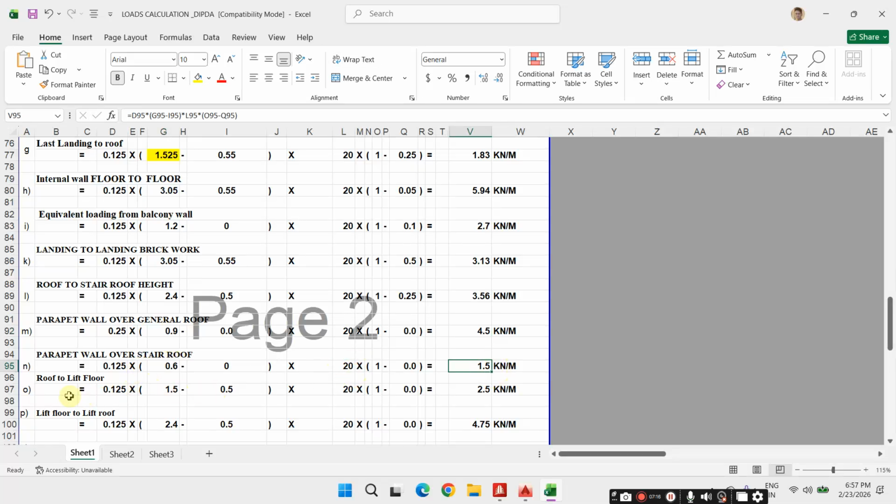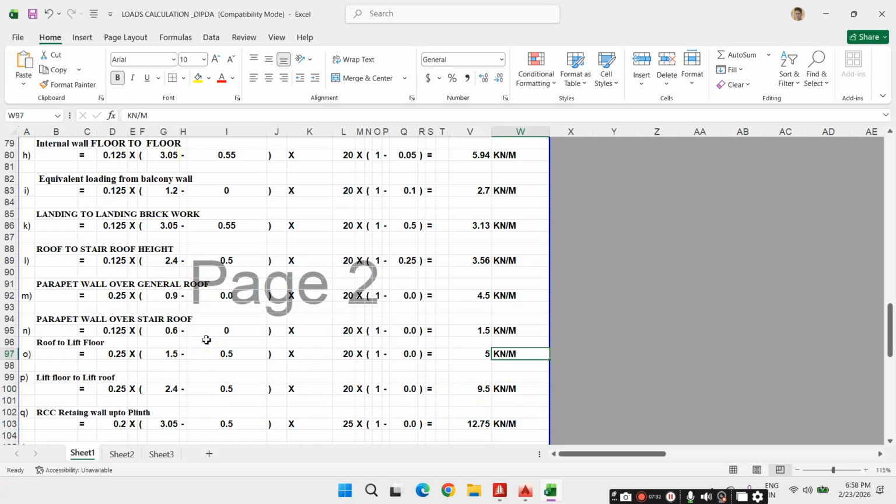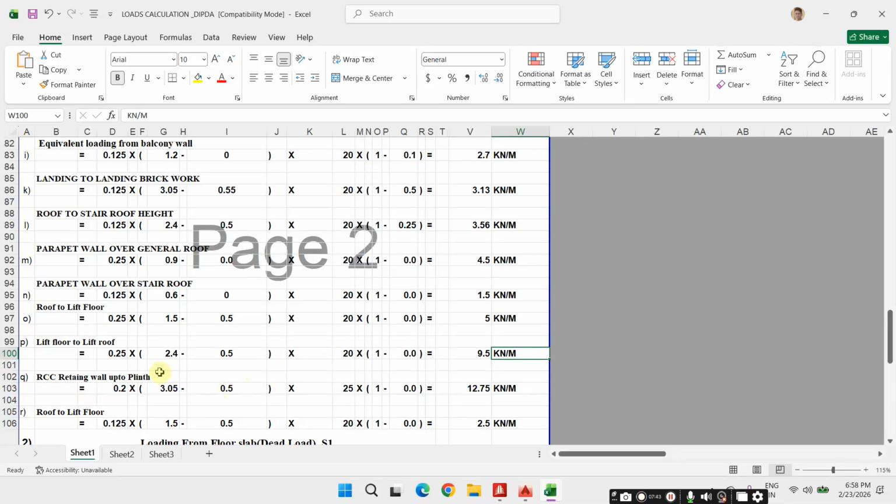Parapet wall over stair roof 0.125. Roof to lift roof is also 0.25, height 1.5, 0.5 meter depth of beam. And lift floor to lift roof is also 0.25. There's no opening present here.